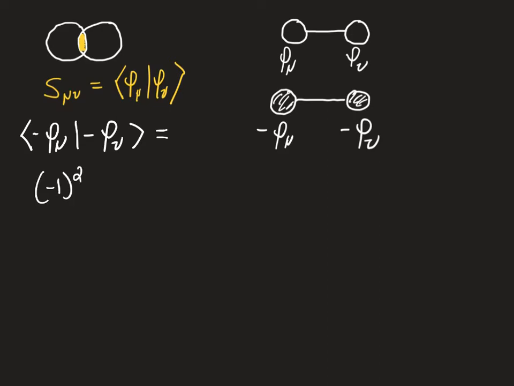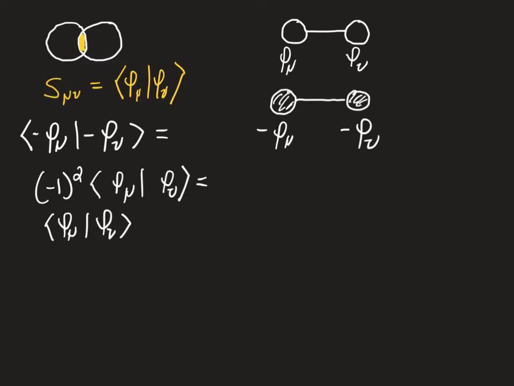So we're just taking -1 squared. And that's equivalent to this. So mathematically speaking, these two representations are identical to one another. The phases are the same, so the overlap integral is going to be the same.